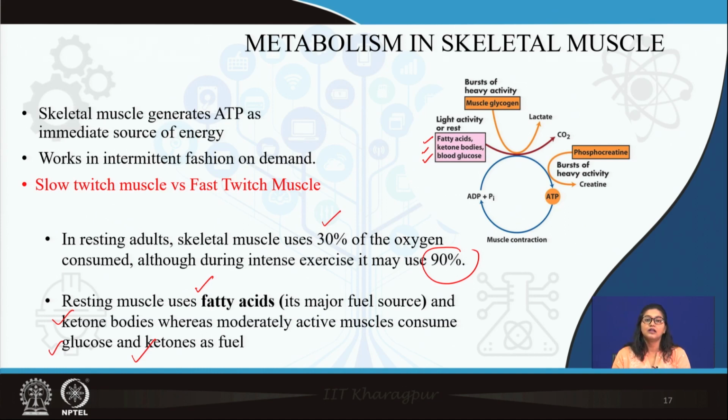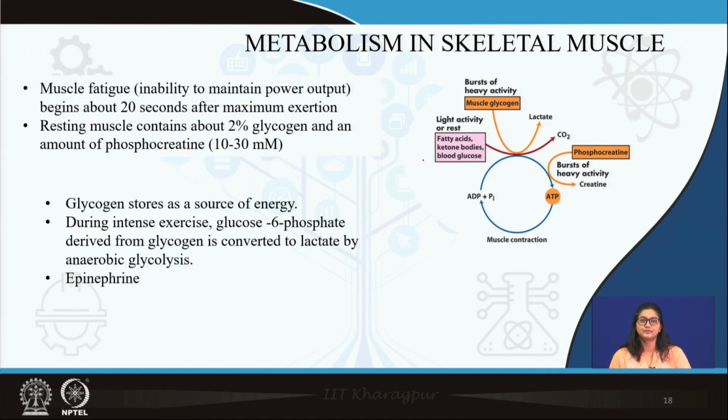So what happens in muscles, there are stored forms of nutrients: around 2% glycogen is present, as well as one very important molecule, phosphocreatine, is present in muscle as storage. Now during a burst of activity, these glycogens are broken down for provision of energy and also phosphocreatine is utilized.